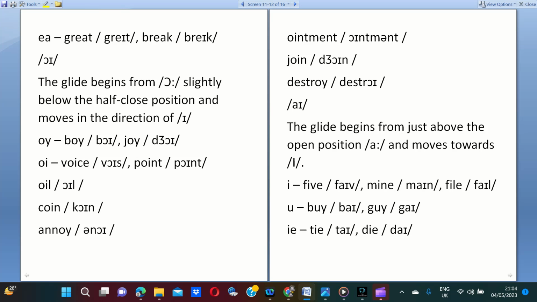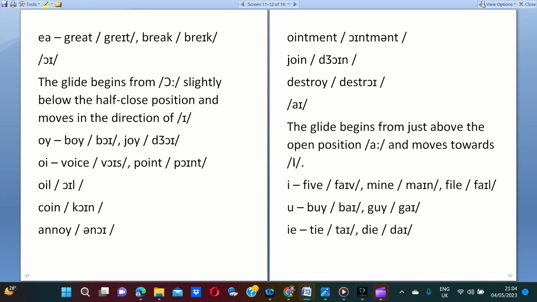Next, O. Here, gliding is happening from the back position to the front position. OI.